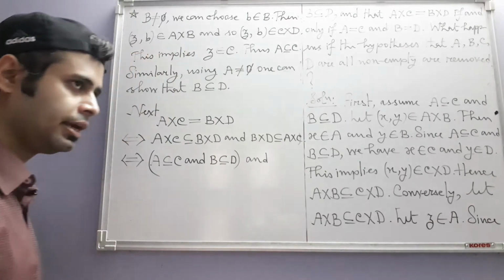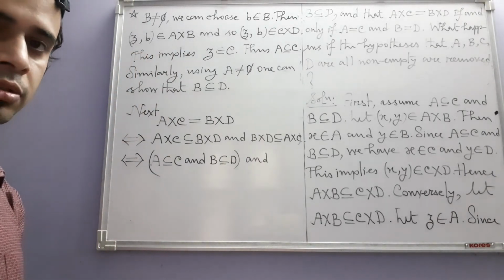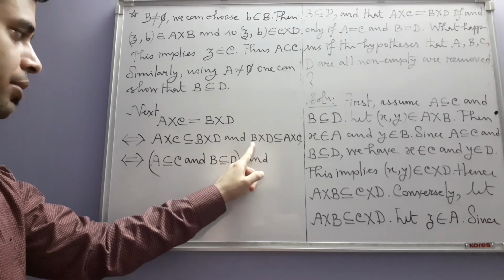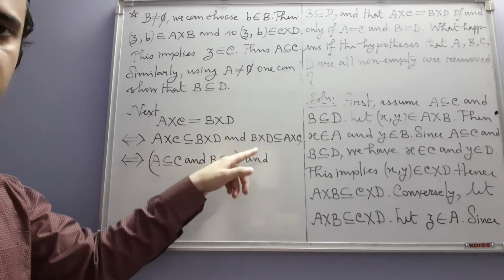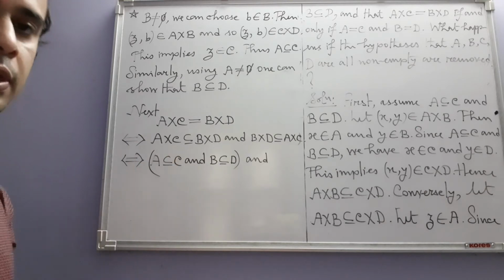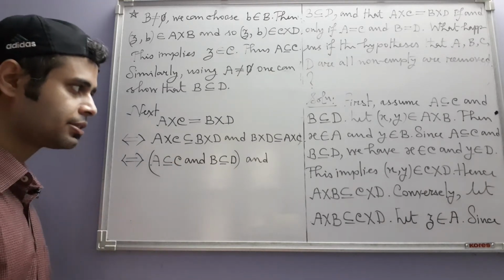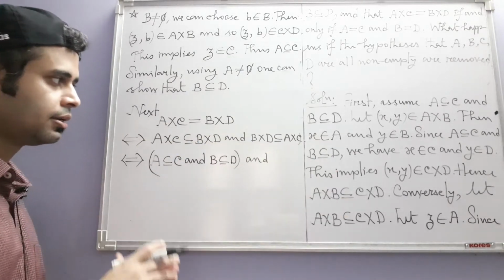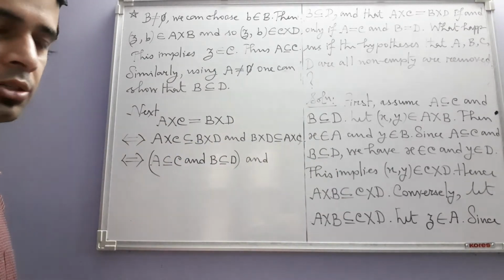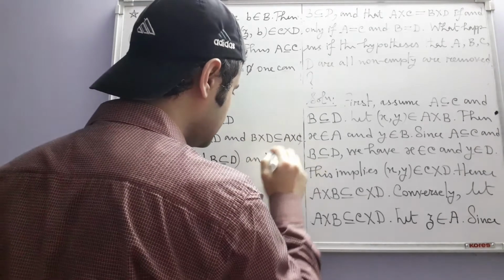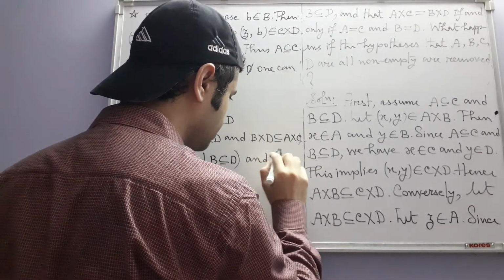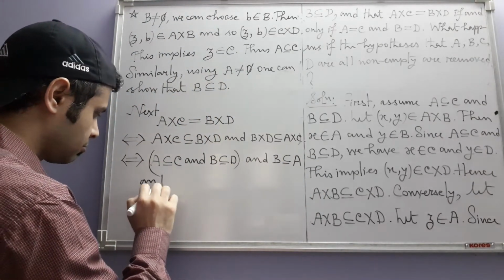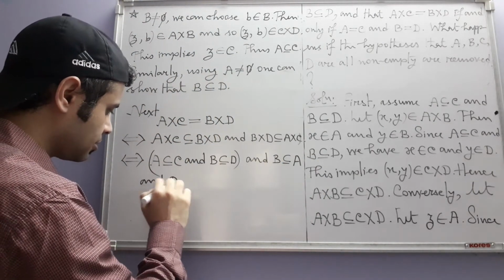Note that because A, B, C and D are actually arbitrary sets, it does not matter if we write B in place of A and D in place of C. After all, they are just sets, and as long as they are non-empty and satisfying the conditions in this result, the conclusion of the result will be true. So this is equivalent to B being a subset of A and D being a subset of C.